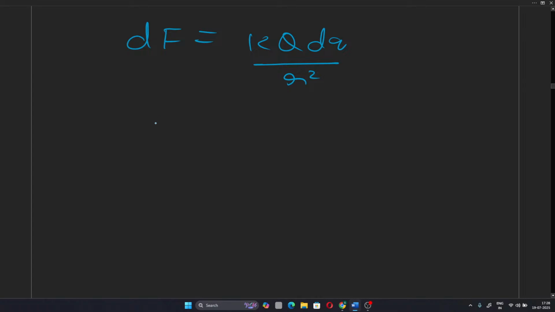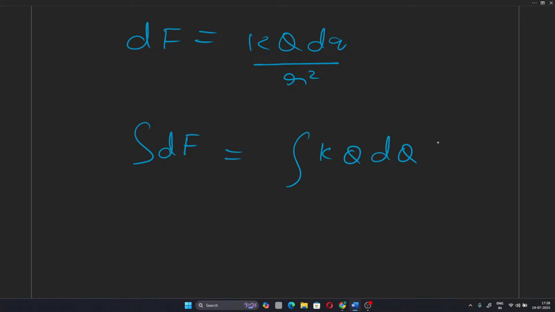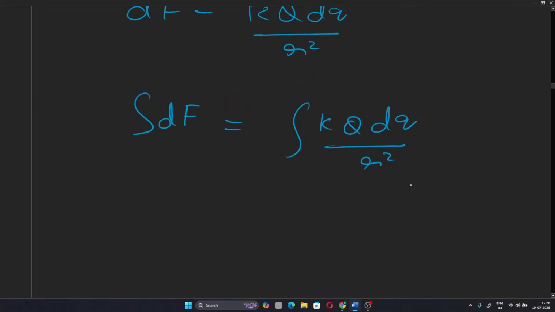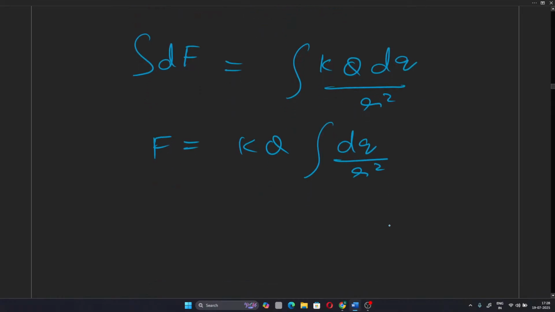Now we do integration here, integrate it. dF equals kQ dq by r square, which gives force equals kQ times the integral of dq by r square, because the outside charge is constant.